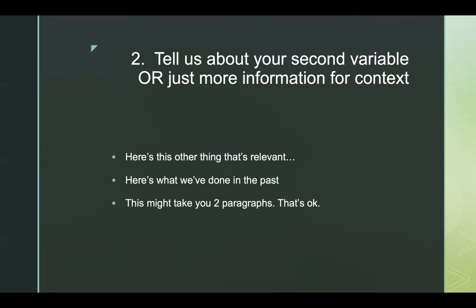So that would be an example of introducing another variable that you haven't introduced in the first paragraph, or you might introduce it in the first paragraph and then follow up with more information in the second paragraph. So you want to say, here's this other thing that's relevant. Here's some research that has been done in the past. If this takes you more than one paragraph, it's fine. It might take you 2 paragraphs to be thorough enough. It might just take you 1.